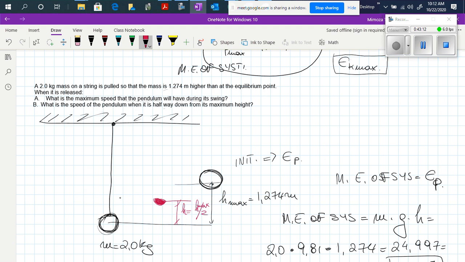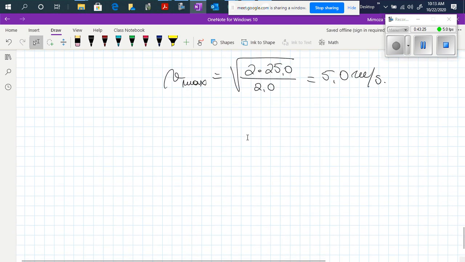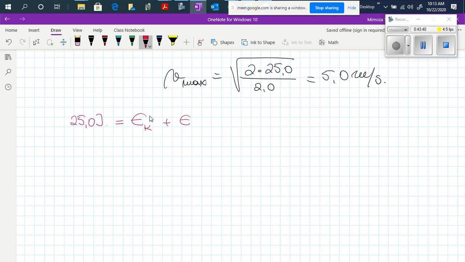Okay, so at this point, we said that at any point in between, we have both types of energies. So based on the conservation law of energy, we can say that this 25 joules, that is the mechanical energy of the system, is now part kinetic and part potential.